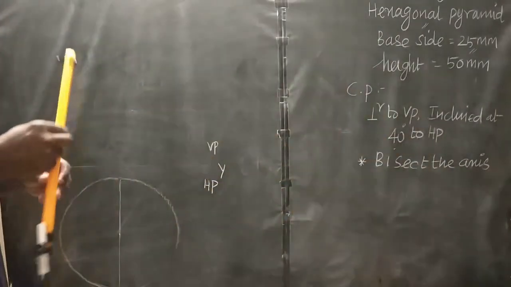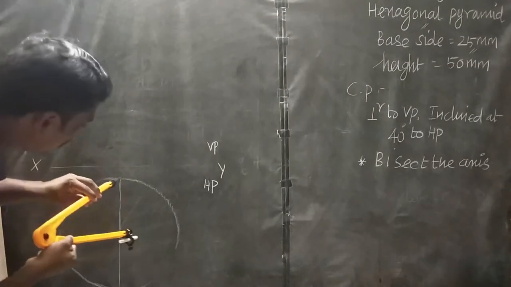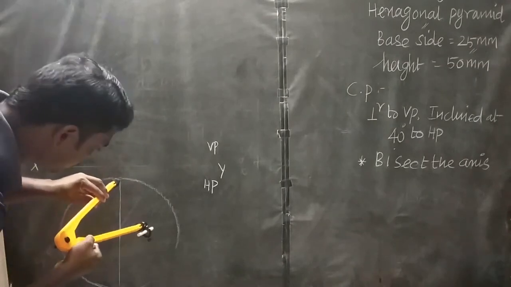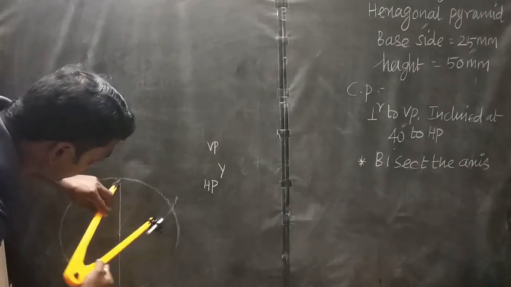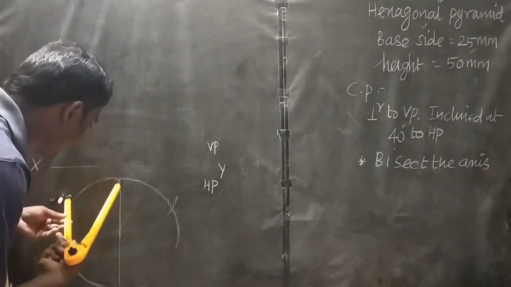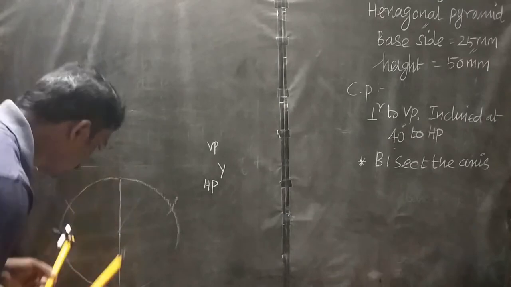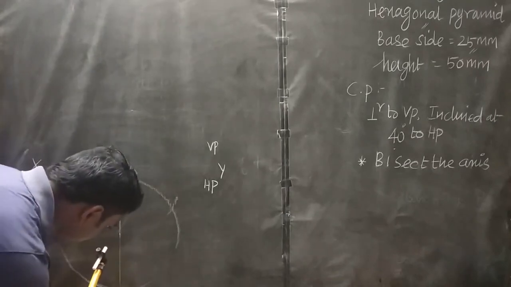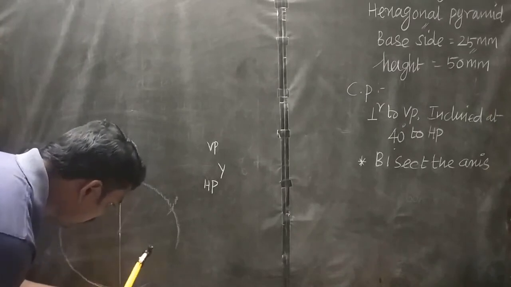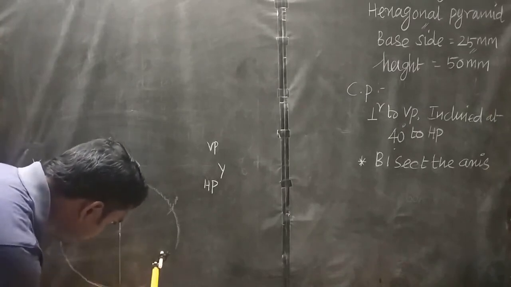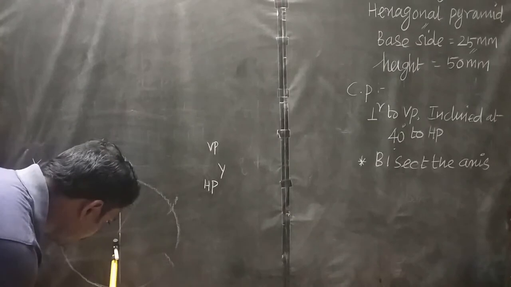With the top point on the circle circumference as center, draw one arc on this side and this side. Similarly, with the bottom point on the circle circumference as center, draw one arc on the right side and left side.